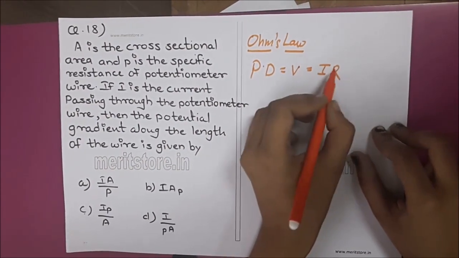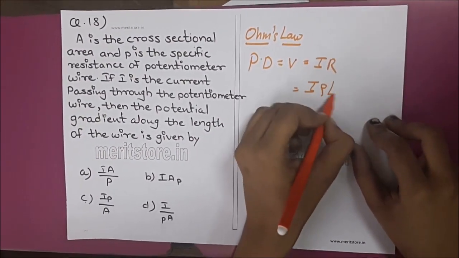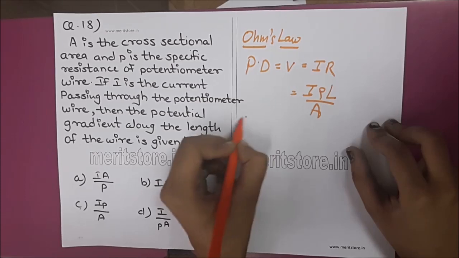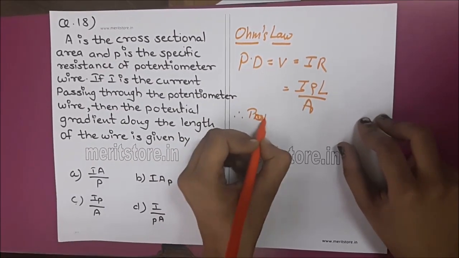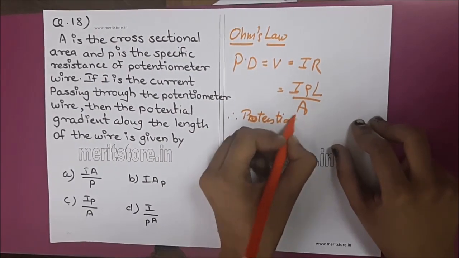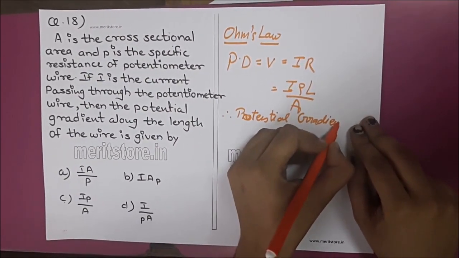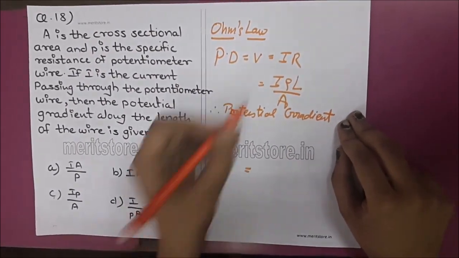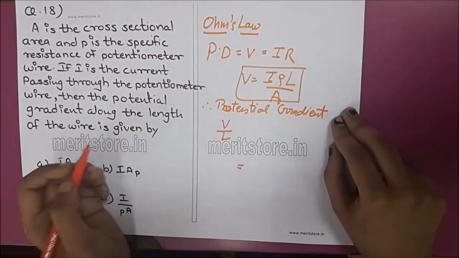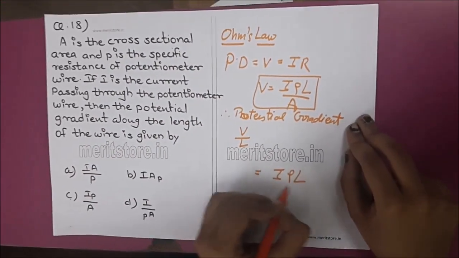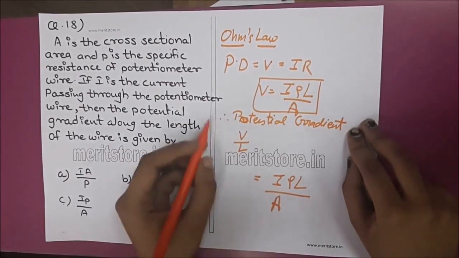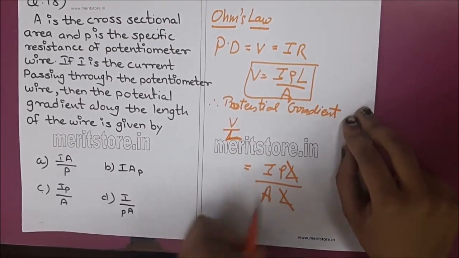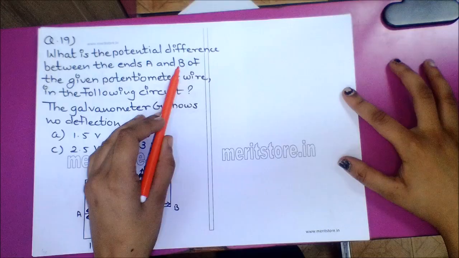Now the same IR can be written as I rho L by A. Therefore, my potential gradient, which is given by V by L, will be I rho L by A, and the potential gradient is V by L, so we'll have this L down here. L gets cancelled. So it is I rho by A. Option C is the correct option.